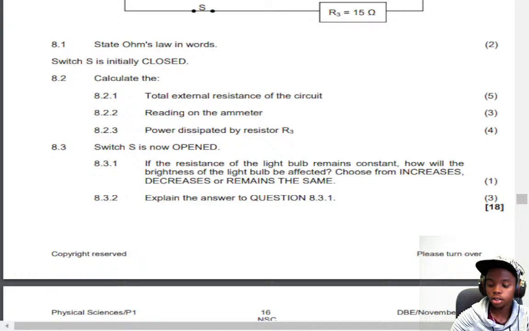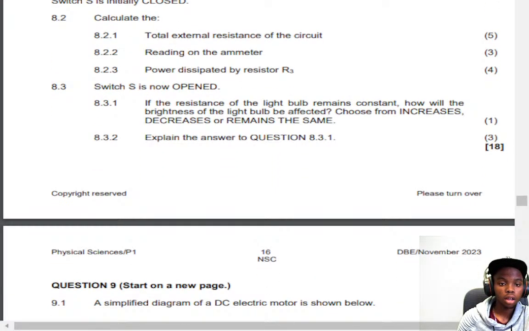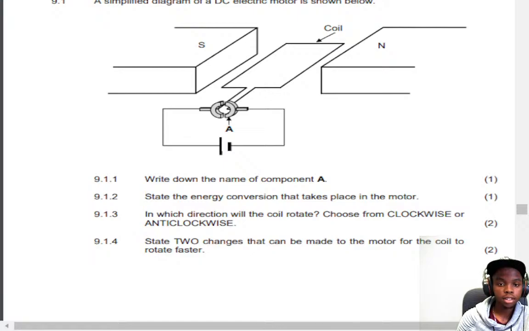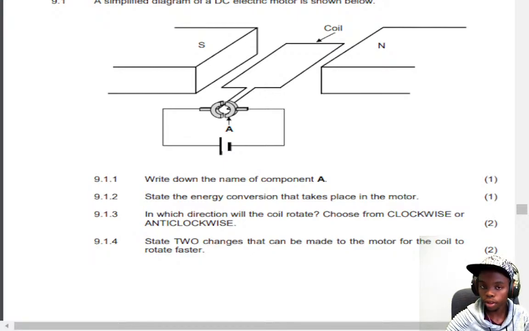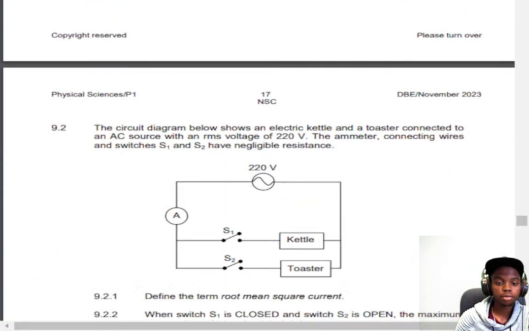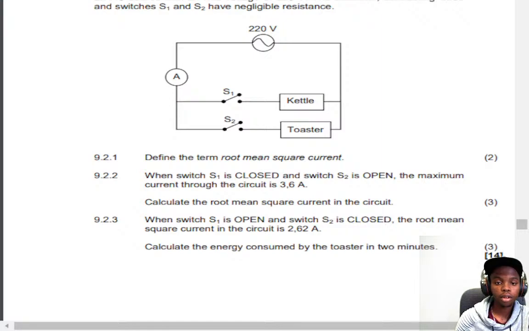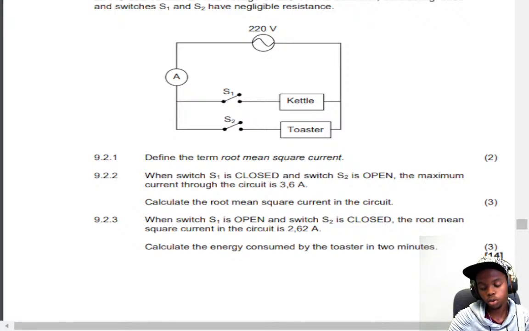Question 8, state Ohm's law. 2 marks. Question 9, state the energy conservation that takes place. So that's your definition. That's another 2 marks. Define the term root mean square current. That's another definition as well.